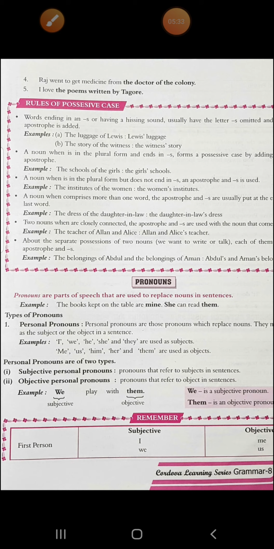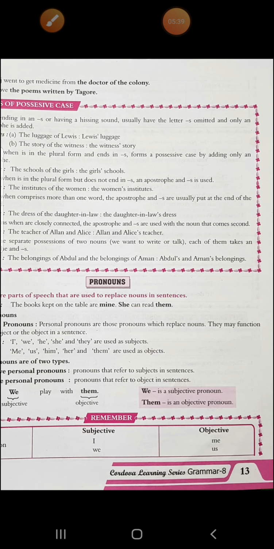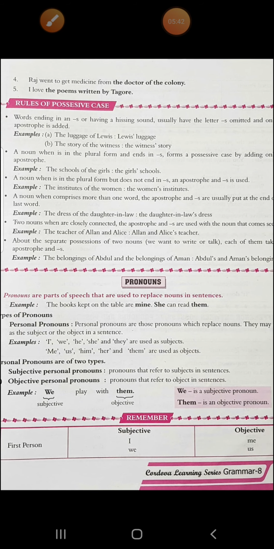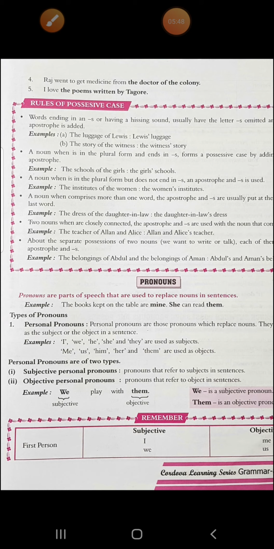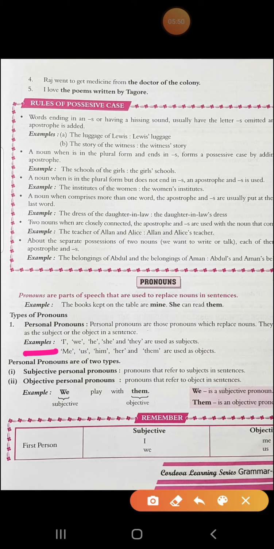You know, in a sentence there is a subject and there is an object. You can see the examples given here. These examples: I, we, he, she, they are used as subjects. Me, us, him, her, them are used as objects.